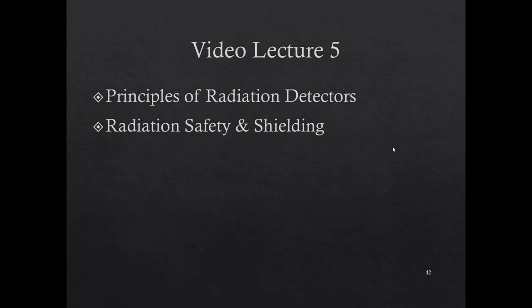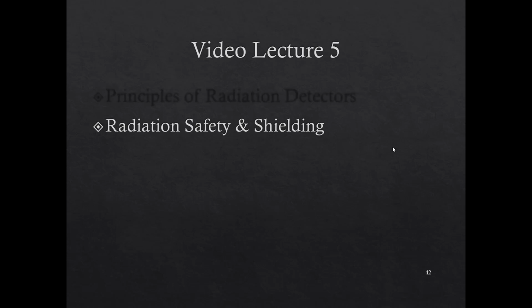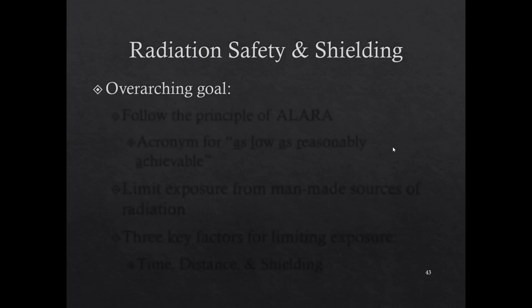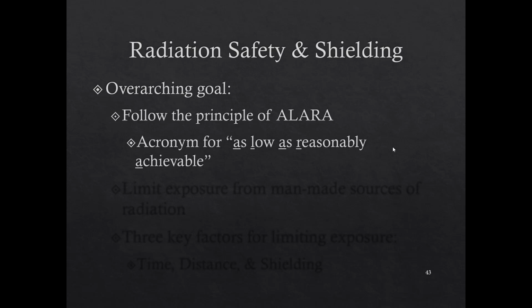Now that we've covered principles of radiation detectors, we're going to go into radiation safety and shielding design. To start, the goals of radiation safety follow the principles of ALARA, where the acronym itself stands for as low as reasonably achievable.